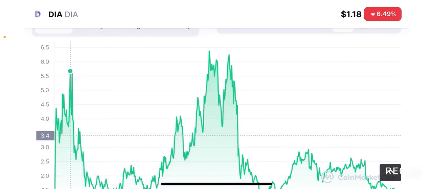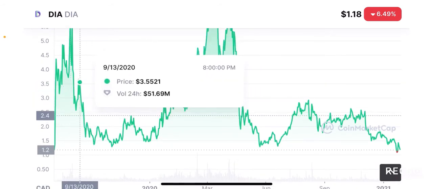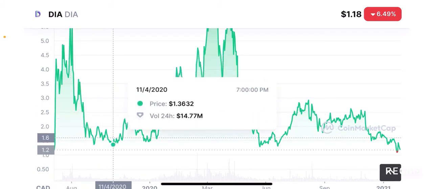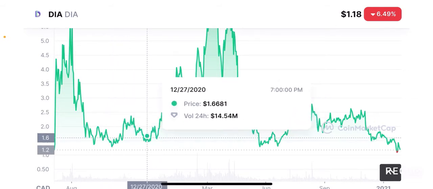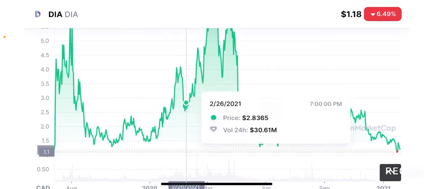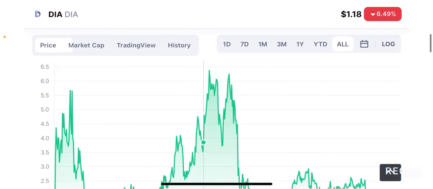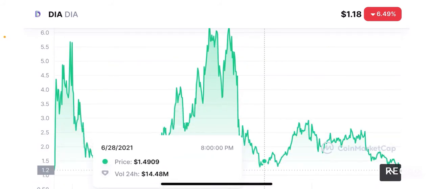And in 2020, again, if the token price were to go up, it would have been great, but it kind of dumped down, reaching a relative low point of $1.36 as of November 2020, and then it started rebounding after December of 2020, and it reached a new all-time high during New Year's of about $6.2 per token, and then it dumped down again, reaching $1.49, and then it was moving sideways.